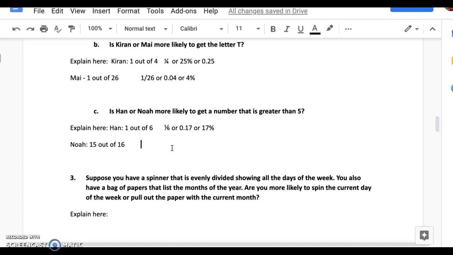First make the fraction 15 out of 16, then put it in your calculator, 15 divided by 16, round to get 0.94, or I could say it's 94%. And so who is more likely to get a number greater than 5, Han or Noah? Well, Noah is, because he's got 94%.